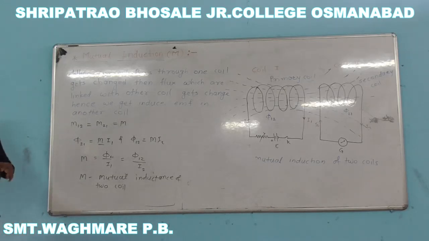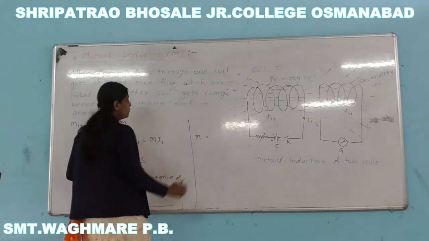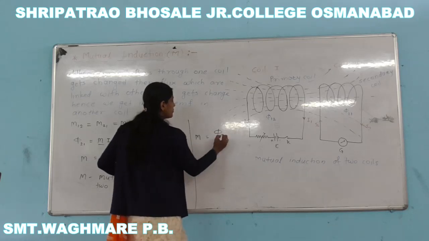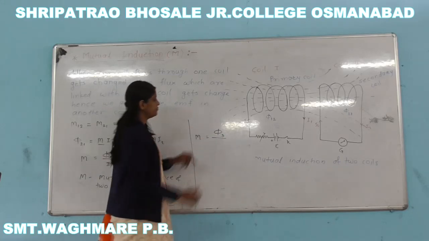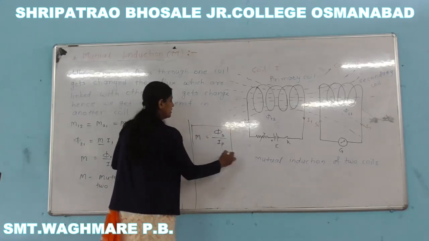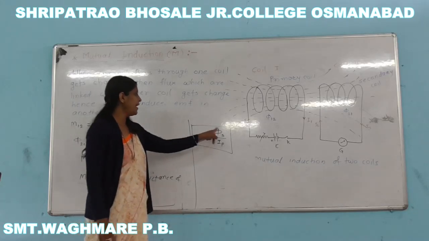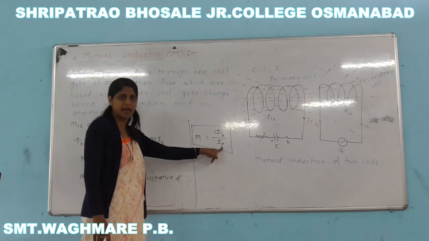Therefore, this equation is also written as M is equal to Phi S upon IP. S for the secondary and P for the primary coil.